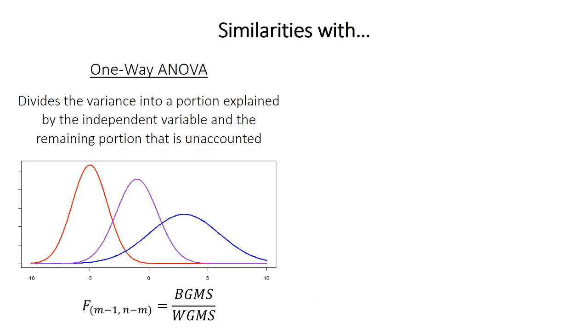So factorial ANOVA obviously has similarities with regular ANOVA, technically called one-way ANOVA, in that both of them divide the total variance into portions that are explained by the independent variable. This is the between groups mean square, and a remaining portion that's unaccounted, which is called the within groups mean square. The statistical significance is calculated as the ratio of those two portions.